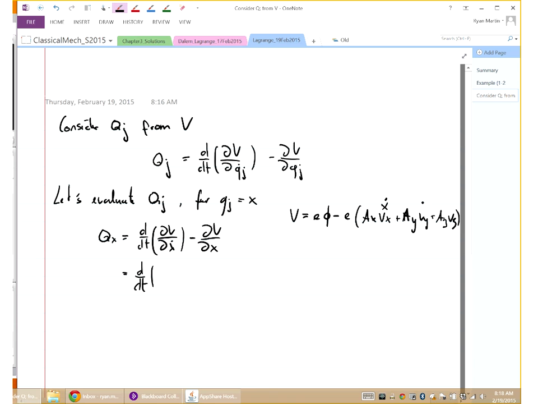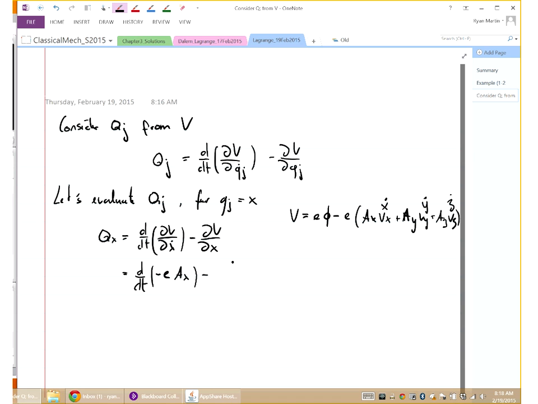So vx is x dot, vy is y dot, and vz is z dot. So ∂V by ∂x dot is equal to minus e, and the only term that has an x dot is Ax. And then it's minus ∂V by ∂x.